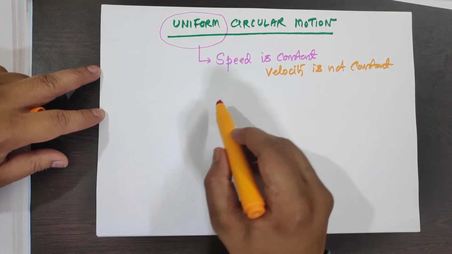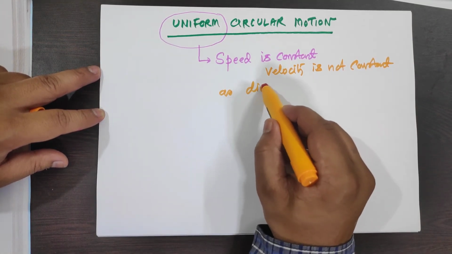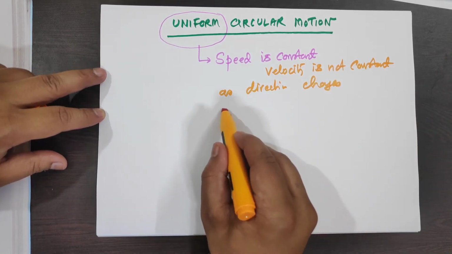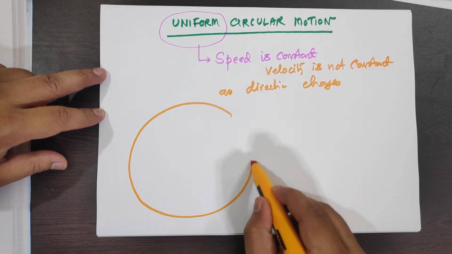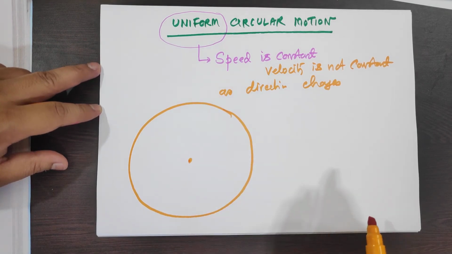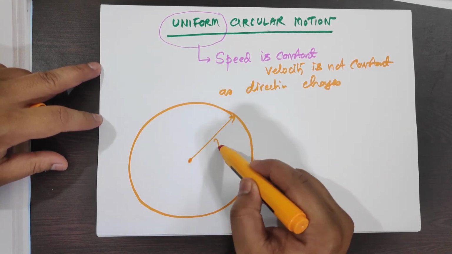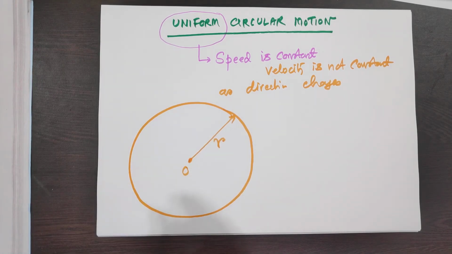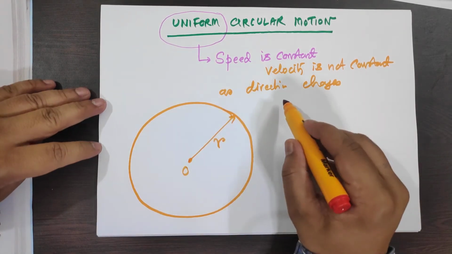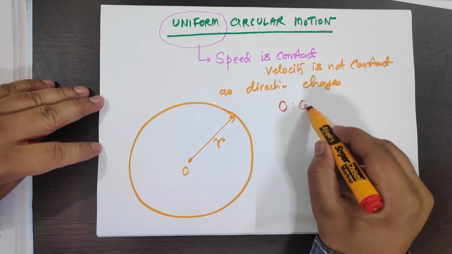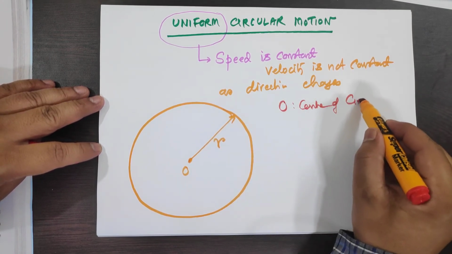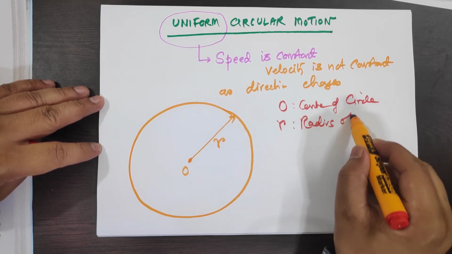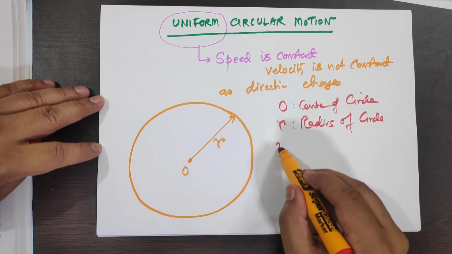As direction changes, now I'll show you the direction and all this stuff. This is a circular motion, particle in circular path. This is the center of the circle, this is the radius of the circle. So O is the center of the circle, R is the radius of the circle, and V is the speed.